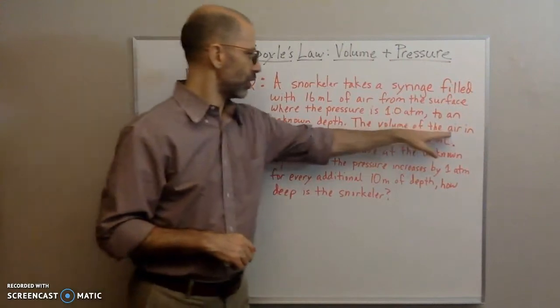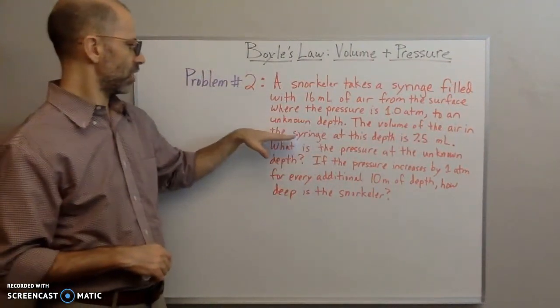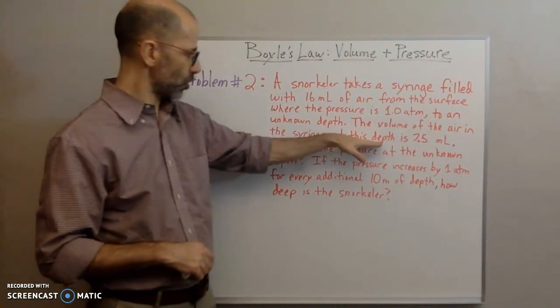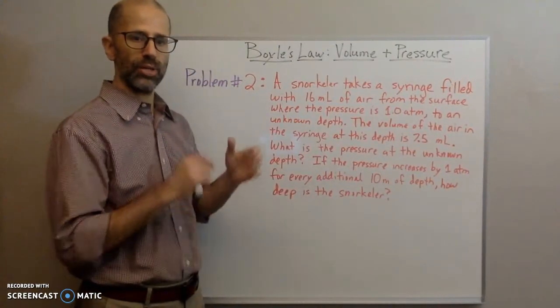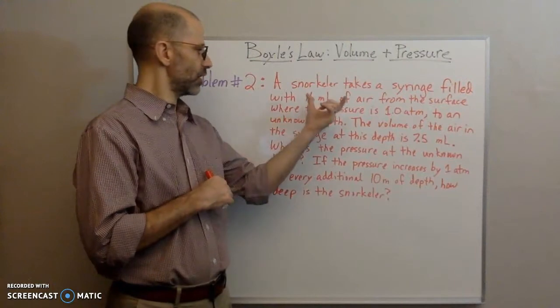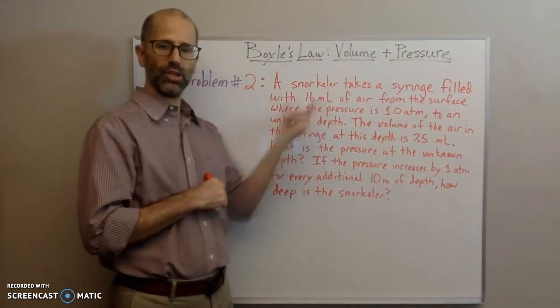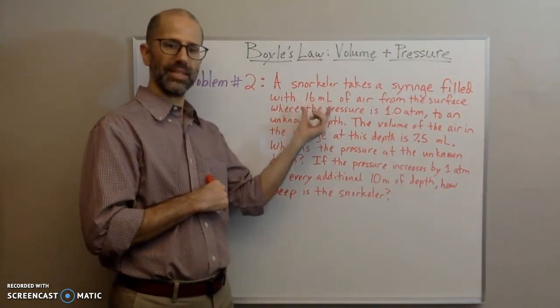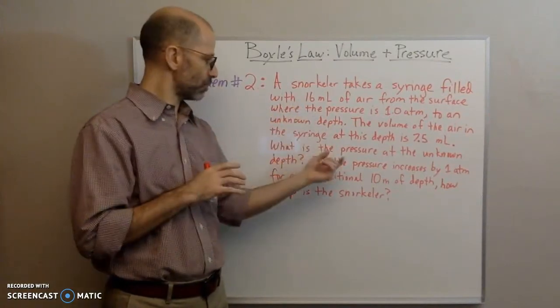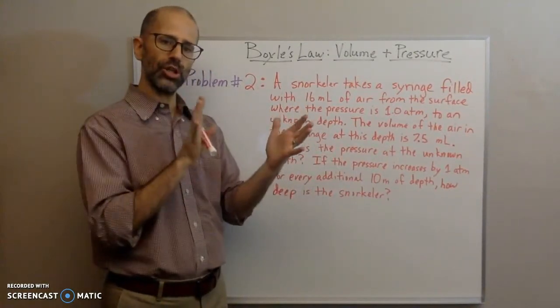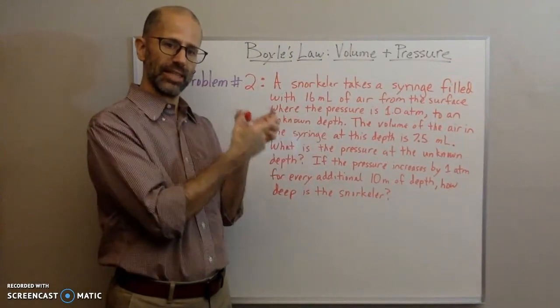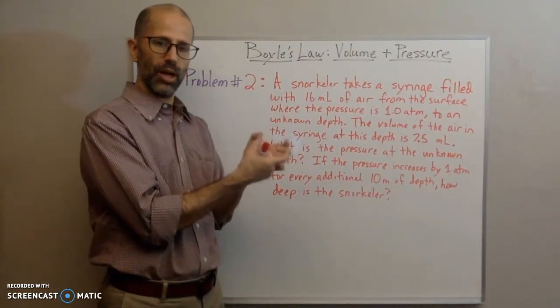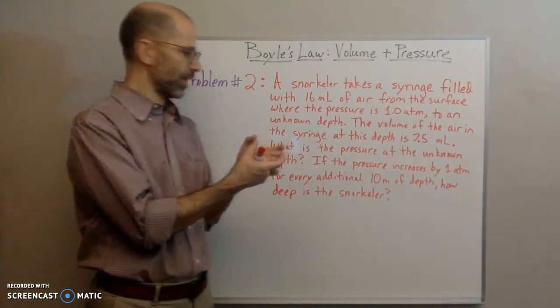The volume of the air in the syringe at this unknown depth is 7.5 milliliters. So now the volume of the air in the syringe has gone down from 16 milliliters to 7.5. So the pressure on the outside has pushed the syringe in and decreased the volume of the air inside, right?